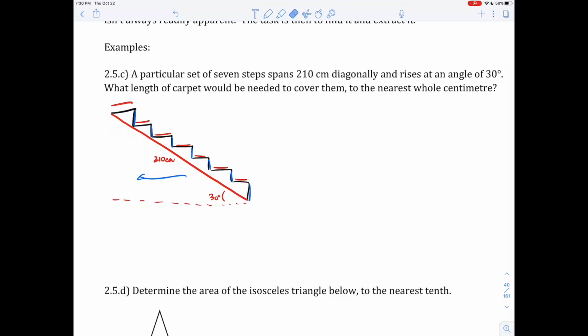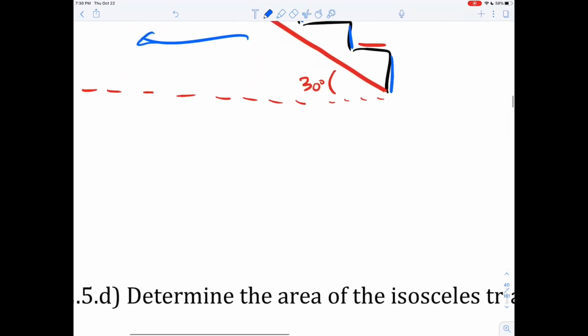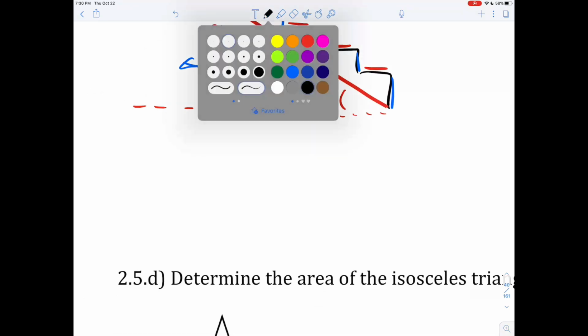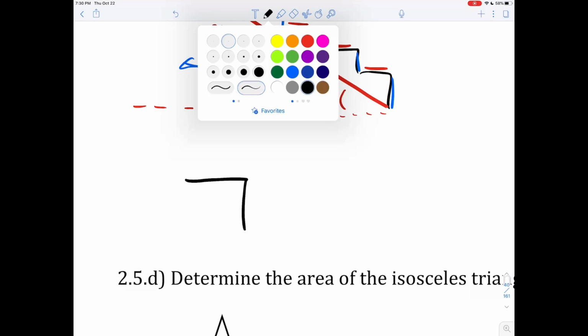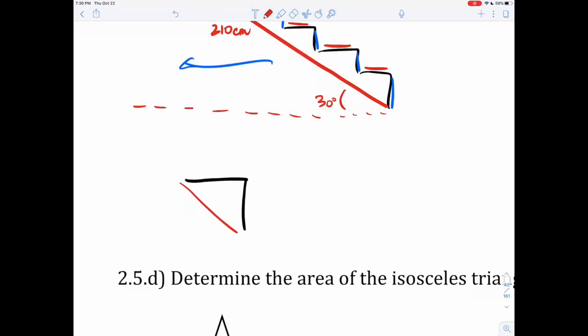The other way you can approach this is to look at just one step and say that one step would span not 210 centimeters, but perhaps just 30 centimeters. We divide it by 7.